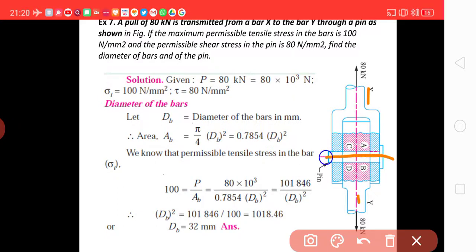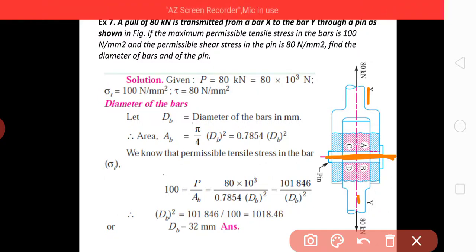This is the pin available. If the maximum permissible tensile stress in the bar is 100 Newton per millimeter square, and the permissible shear stress in the pin is 80 Newton per millimeter square, find the diameter of the bar and the pin to sustain this load.